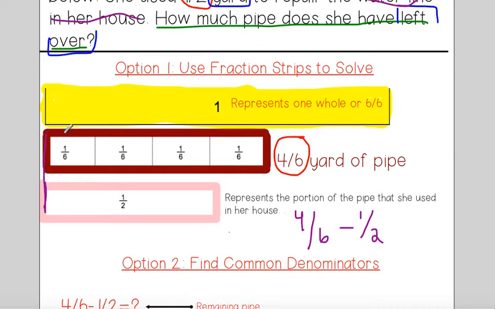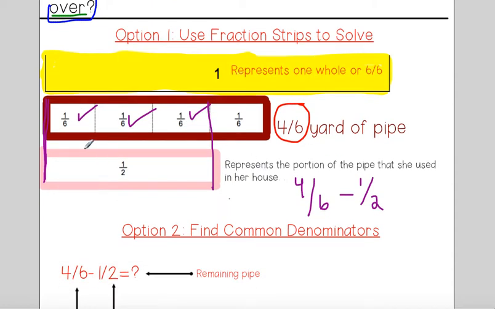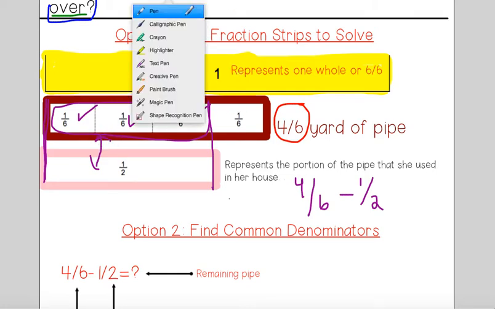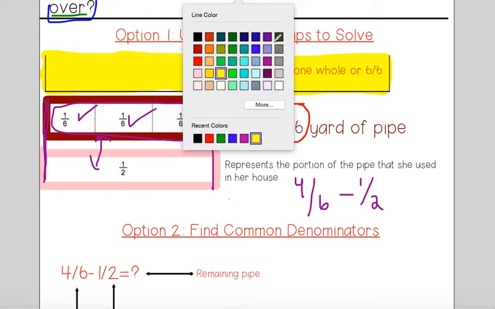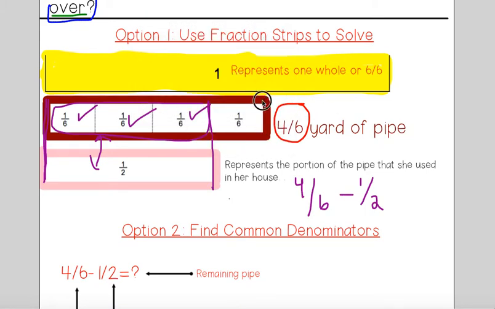Okay, and if I'm using fraction strips, I'm going to look at what 1/2 yard is equivalent to. So I line this up exactly, and I see that 1/2 yard is equivalent to 1, 2, 3/6. Okay, so that means that if I take this whole chunk away, right, because that's how much she used, 1/2, which is right here, and we know that 1/2 is equivalent to 3/6, if I take that whole chunk away, that means that I have only this much left over.